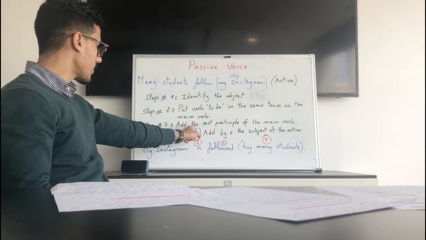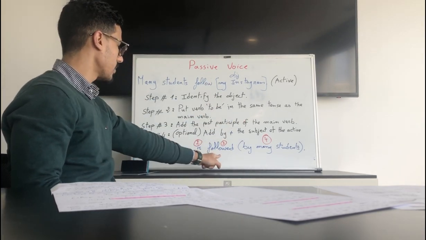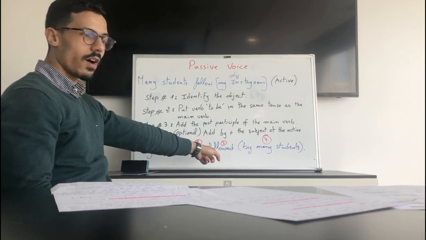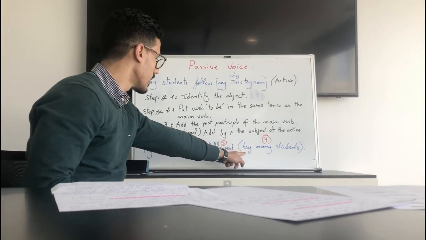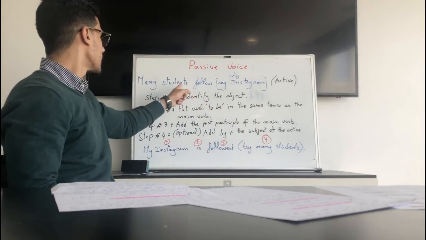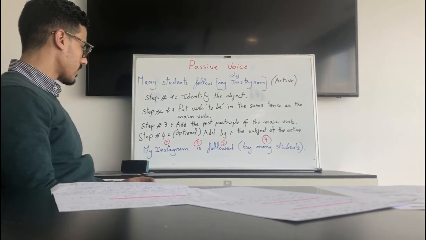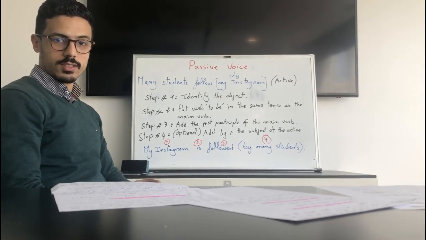Step number 3: add the past participle of the verb. The past participle of follow is followed. So we have my Instagram is followed. And step number 4, which is optional, we add by plus the subject of the active sentence. So my Instagram is followed by many students.